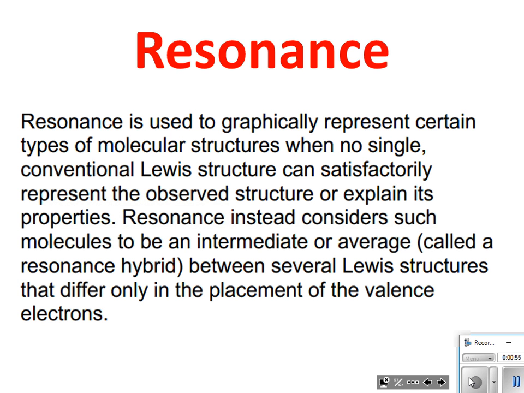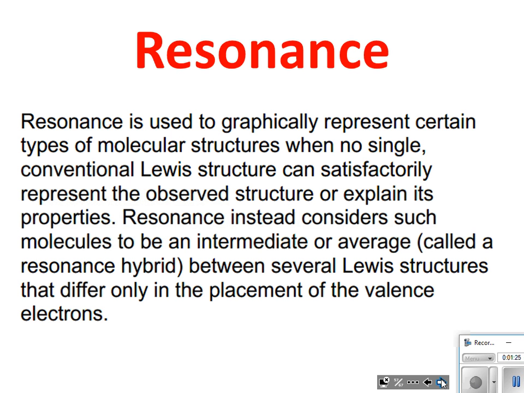But we cannot write one Lewis structure to represent that molecule. Resonance instead considers such molecules to be an intermediate or an average that we call a hybrid between several different Lewis structures.